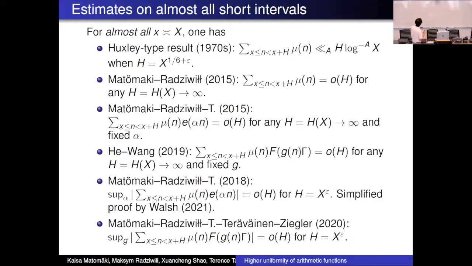We couldn't get arbitrary h, which would have been fantastic. H now had to be a small power of x, which blocks us from the most interesting application. We had quite a complicated proof of this, but it got simplified by Walsh recently. That was with linear phases, and then also with Teräväinen and Ziegler, we managed to generalize that to nilsequences with an even more complicated argument.